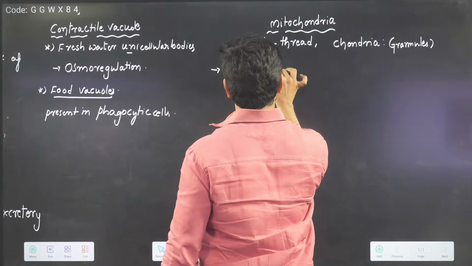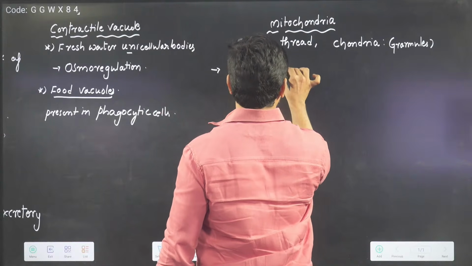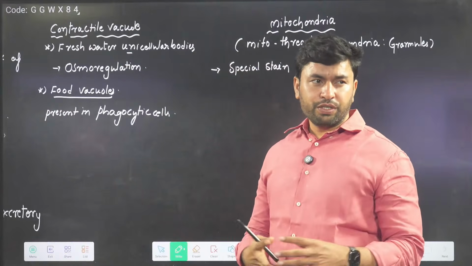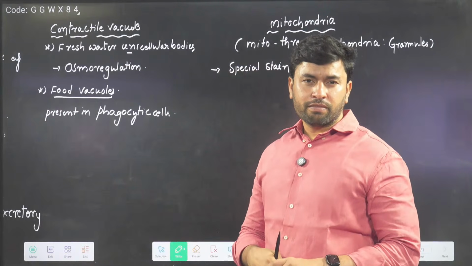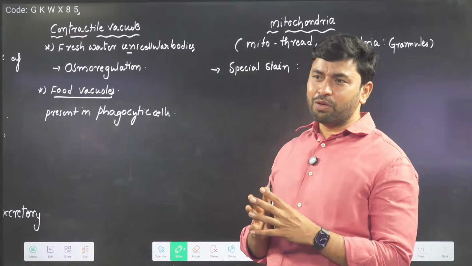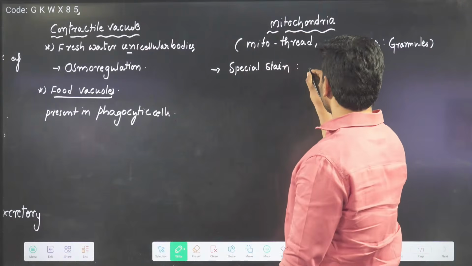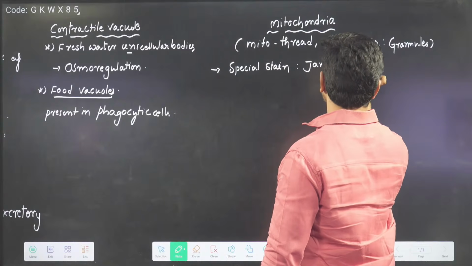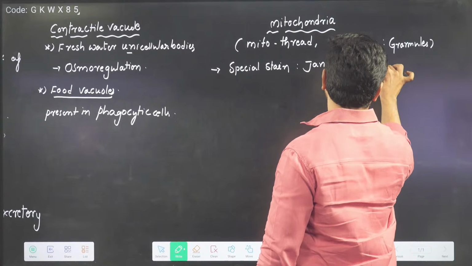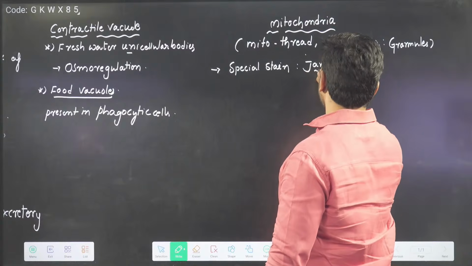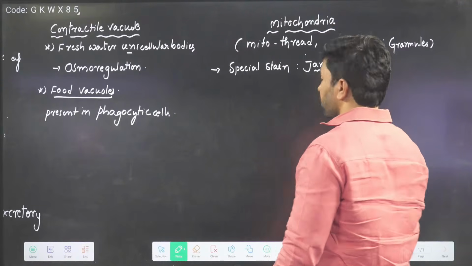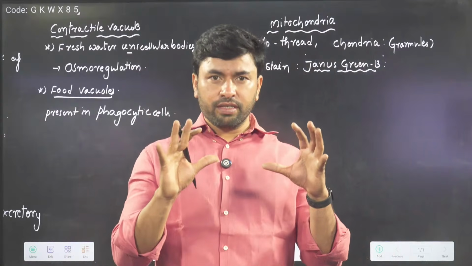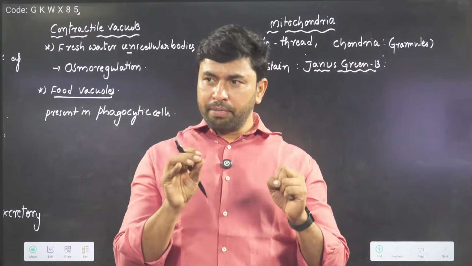We add a dye. What type of stain do we add? We will add Janus green B. It gives a dark blue color to mitochondria, so they can be visualized under a light microscope. This is the procedure to see mitochondria.